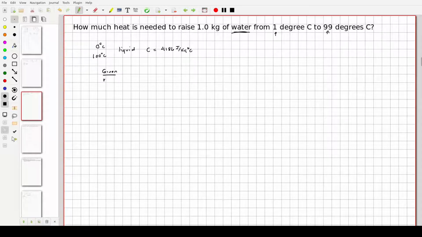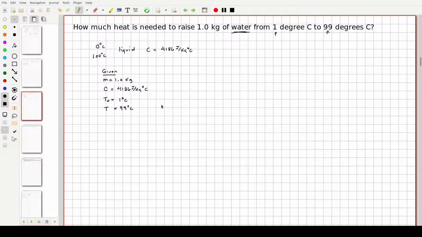So what I have been given is 1 kilogram of water. I know the specific heat of it is 4,186 joules per kilogram degrees Celsius. My initial temperature, which I'll call T naught, is 1 degree Celsius, and my final temperature, which I'll call T, is 99 degrees Celsius. Now, in physics, we typically don't like to work with Celsius; we like to work with Kelvin, for reasons I mentioned in the last video.